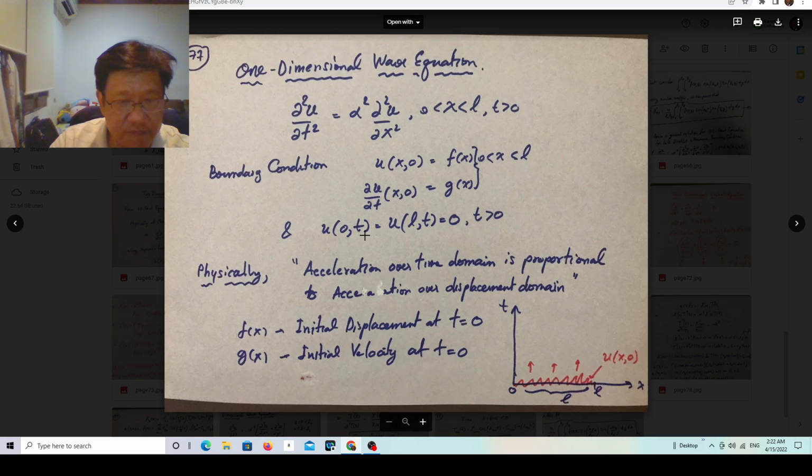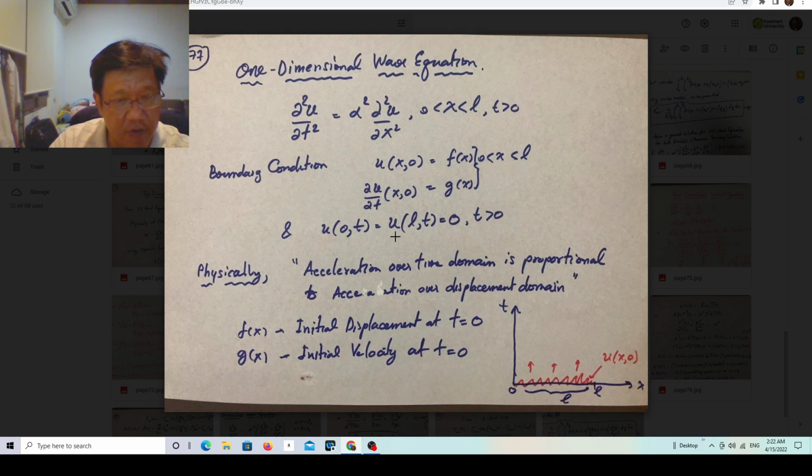Okay, and another two, because you can see both sides are second order. Therefore, you have two conditions because of the second order of u over t, and on the right hand side you have second order of u over x.